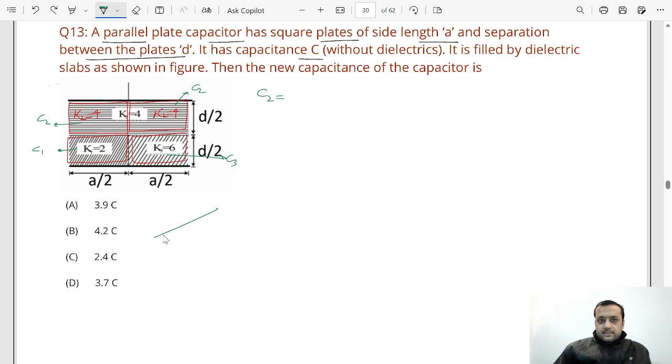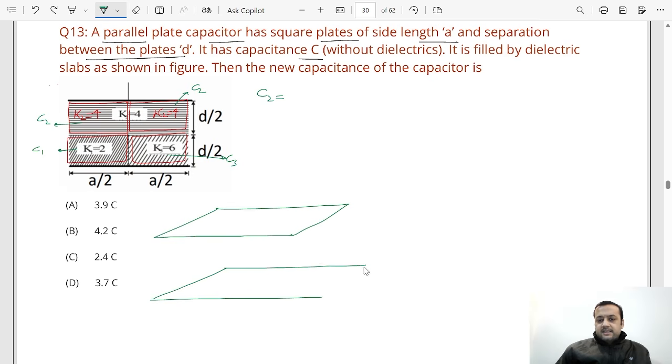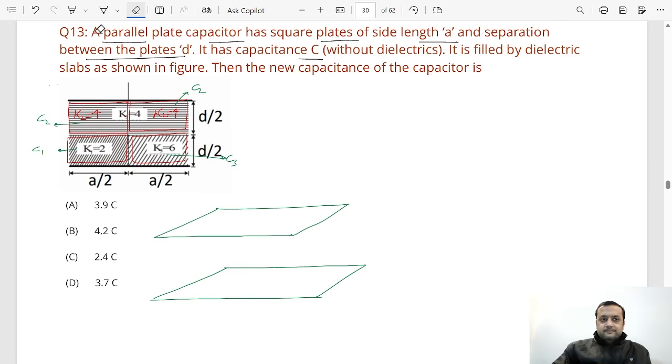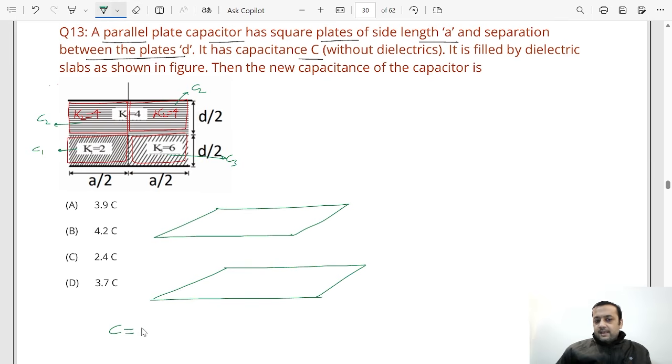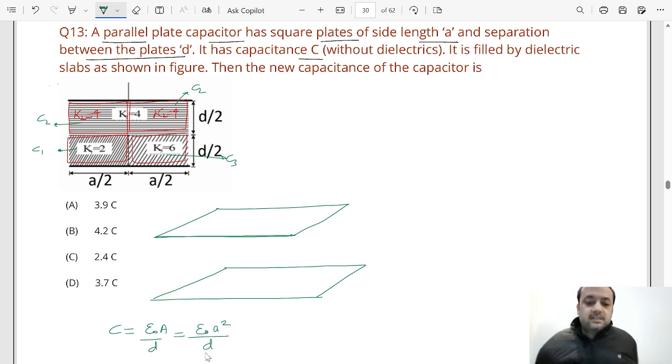So this is the situation, these are the square plates. They are saying that C is the capacitance without dielectric. That means what was the value of C? C will be epsilon naught A by D. And what is the value of A? A will be small a into small a, because they have got square plates. So epsilon naught into a square upon D. This is the value of C.